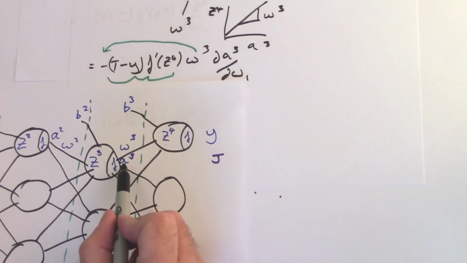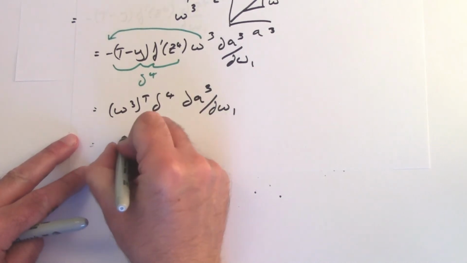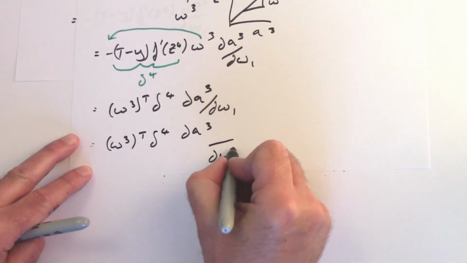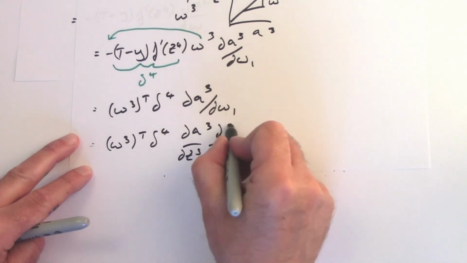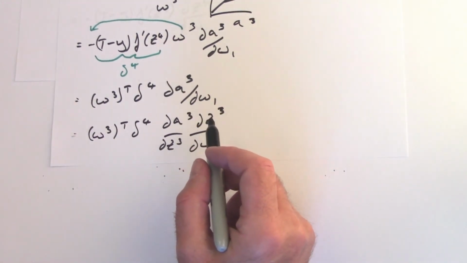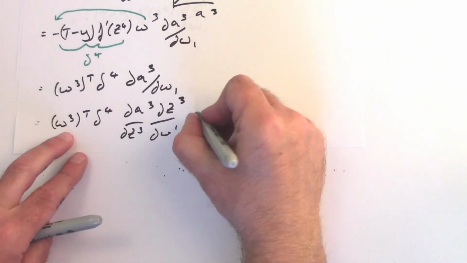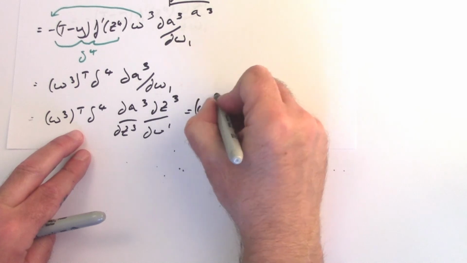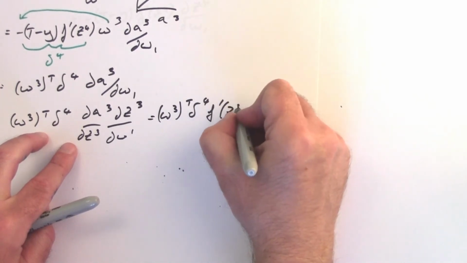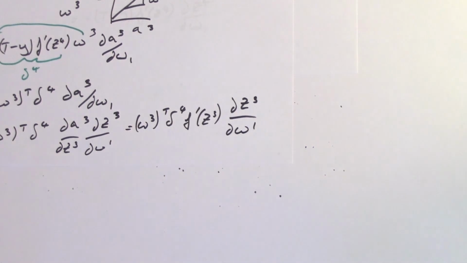So let's have a look. dA3 by dW1, the next one back is Z3 now, so we can split this up as dA3 by dz3 times dz3 by dW1. dA3 by dz3 is that function again, so that equals function z3 this time, and we're left with a dz3 by dW1.